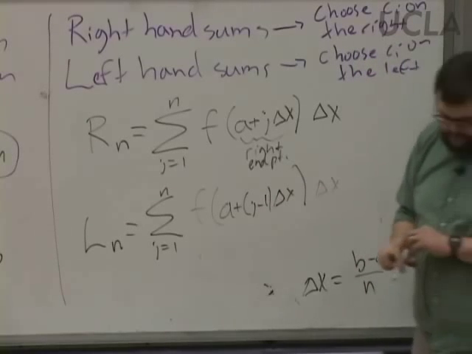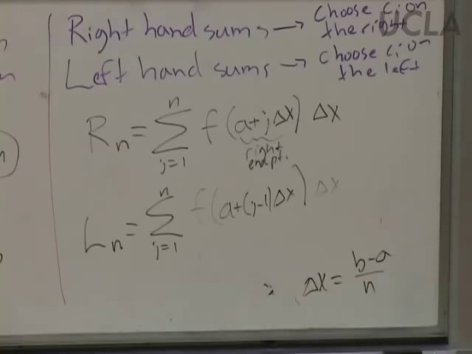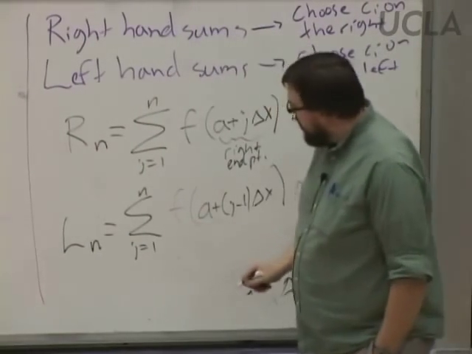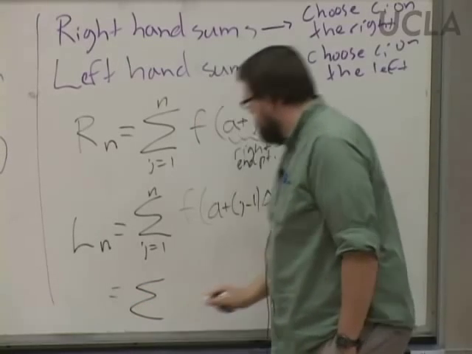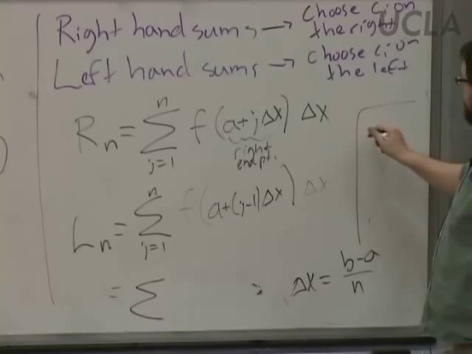Now, the book does something really cute and very clever. It says this index is a dummy index, so I can just change the name. So we don't have to sum from j equals 1 to n. I can do a little trick and relabel everything. Let me just show it to you really quick.